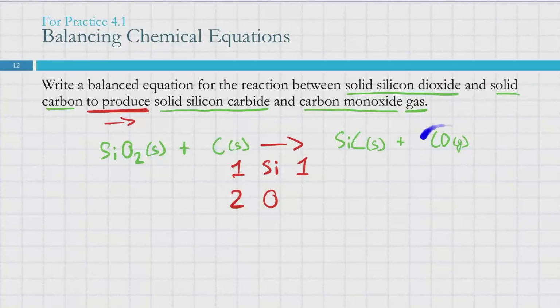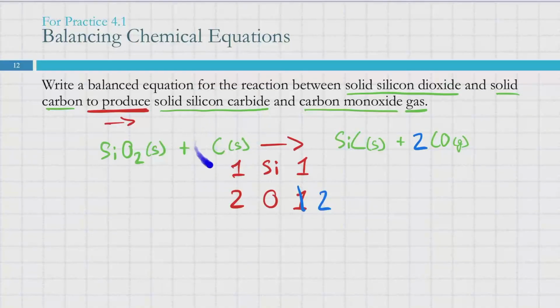We currently have 1 on the right side in our carbon monoxide. So that's obviously not balanced. To get that to be balanced, we need to increase the amount of CO that we have. So we're going to put a coefficient of 2 in front of our CO, and now we've got 2 times the 1 oxygen for 2 oxygens. So now our oxygen's balanced.